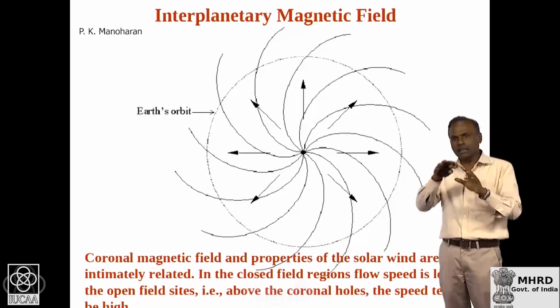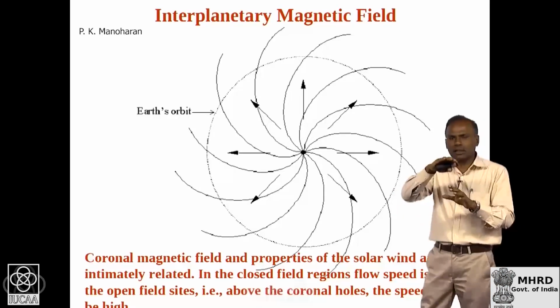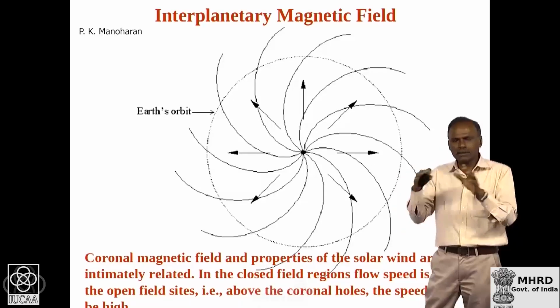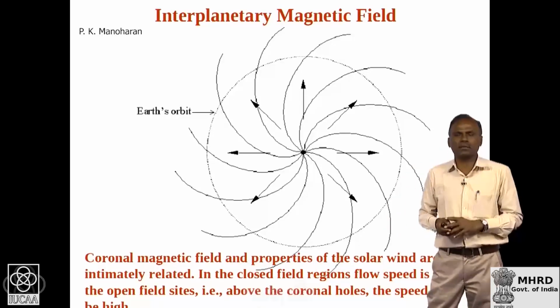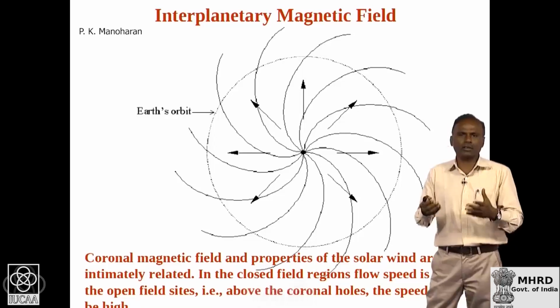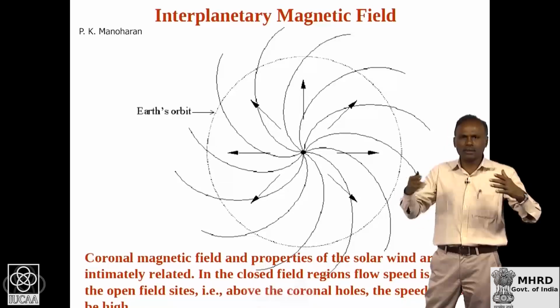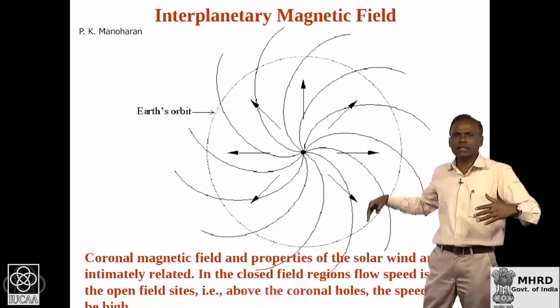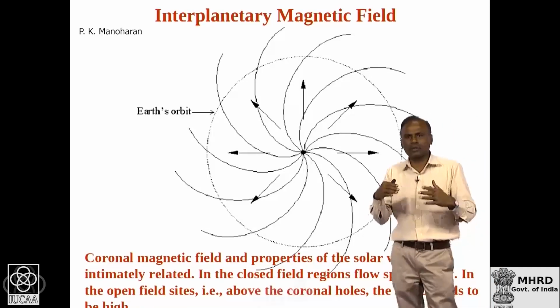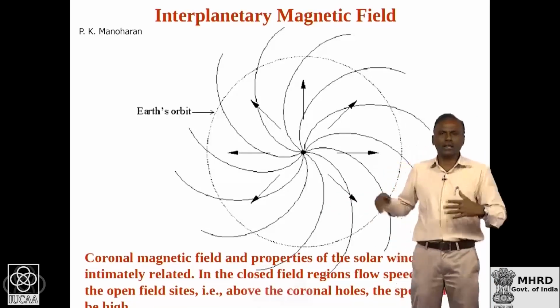The Parker spiral curvature can change depending upon the solar wind speed. For example, at 800 kilometer per second, the curvature will be less, the solar wind will be pulled nearly radially outward.